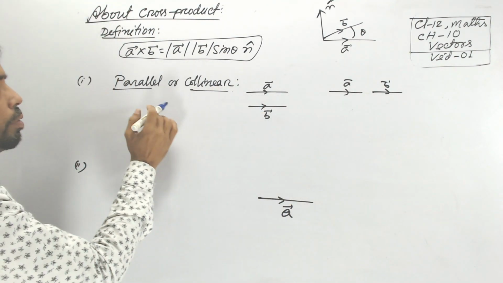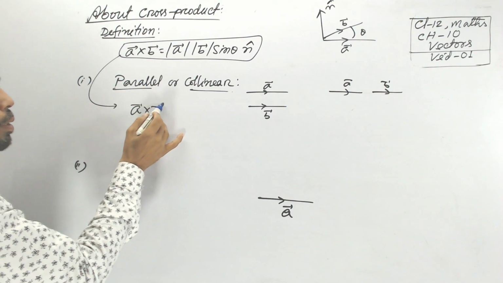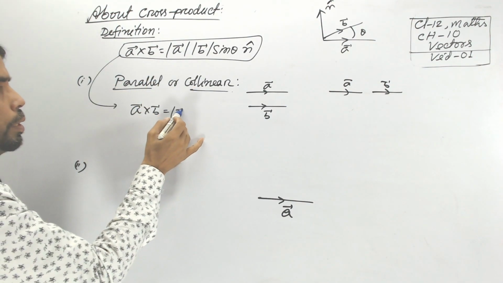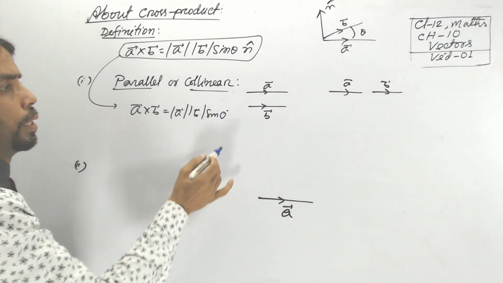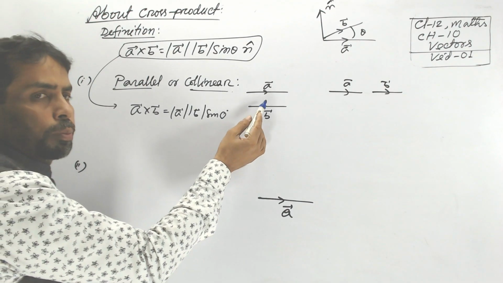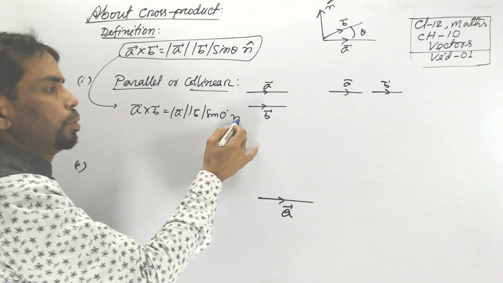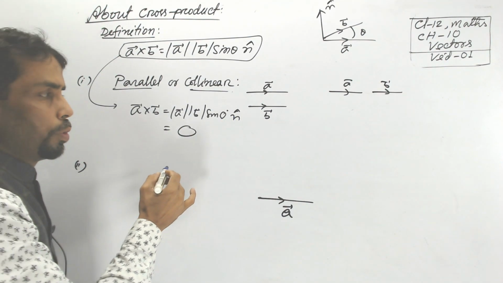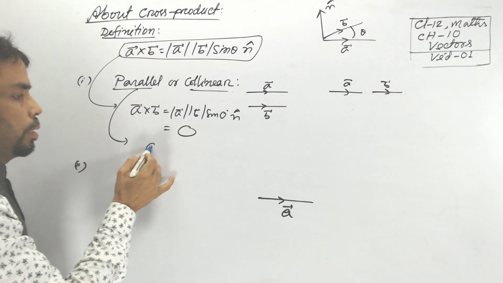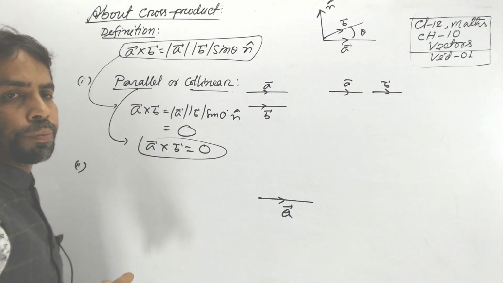So if I apply this definition for two parallel vectors A and B, the right side is magnitude A, magnitude B, sin theta, where theta is 0 degrees here, because when two vectors are in the same direction, parallel or along the same line, their angle is 0, into n cap, and sin 0 is 0, so ultimately the right side is 0. So remember, when two vectors are parallel or collinear, their cross product is 0.